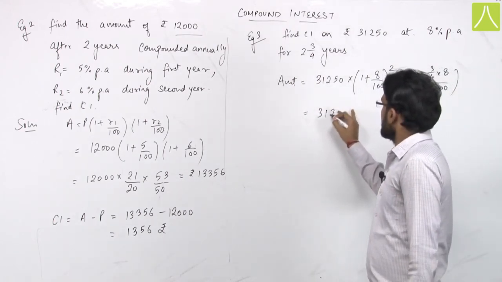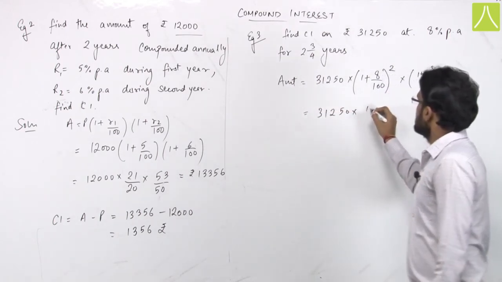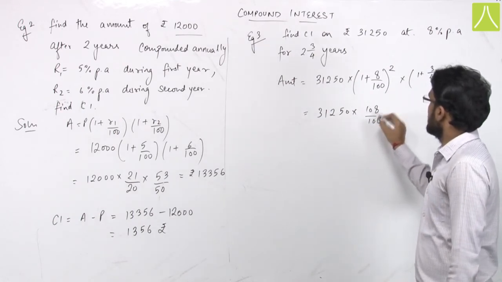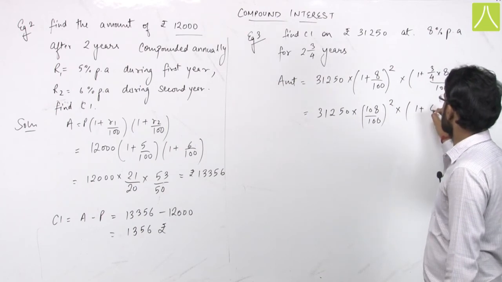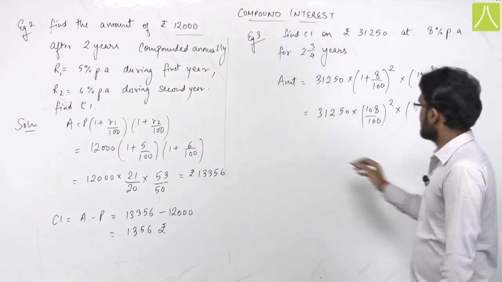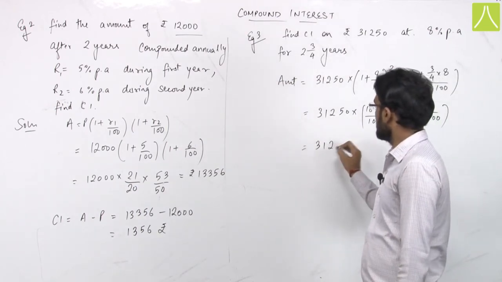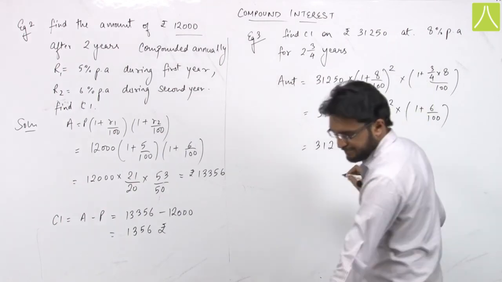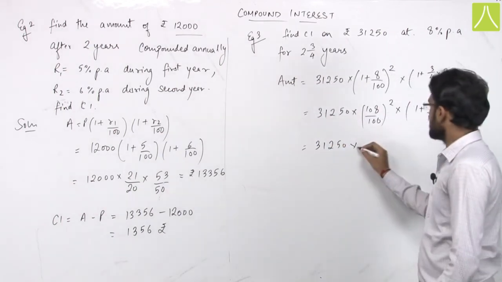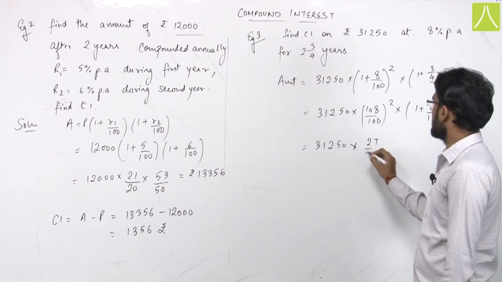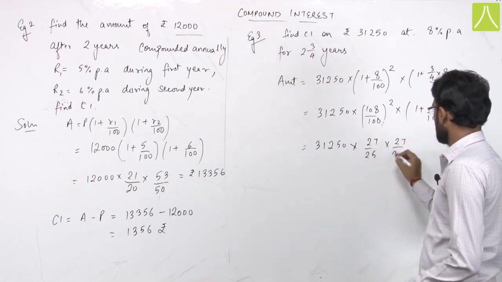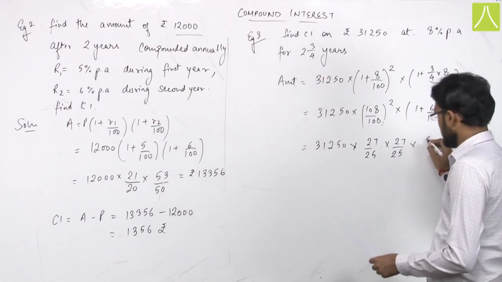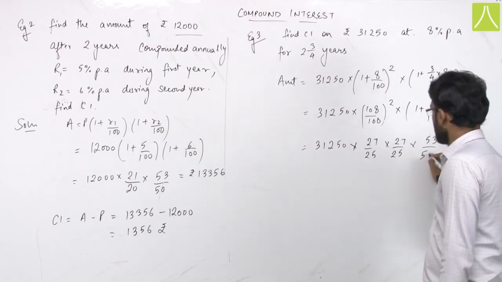Solving this, we calculate 31250 into 108 upon 100 whole square into 1 plus 6 upon 100, which is equal to 31250 into 27 upon 25 into 27 upon 25, that is whole square, into 53 upon 50.